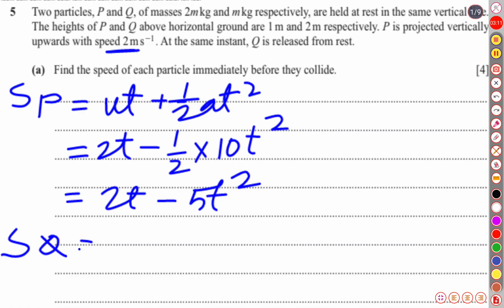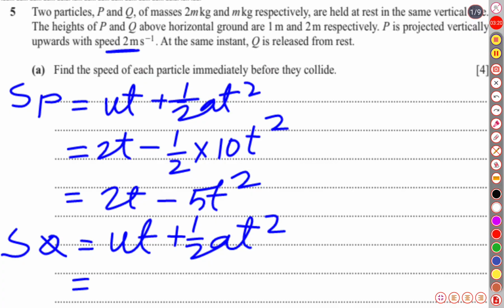SQ is equal to the same concept, ut plus half at squared. Well, the initial velocity of Q, look at this, the question says Q is released from rest, so the initial velocity of Q will be 0. And whether it should be plus or minus depends on the reference frame.